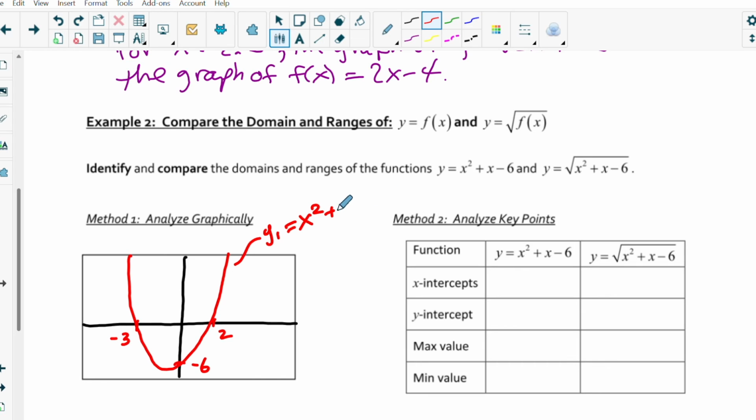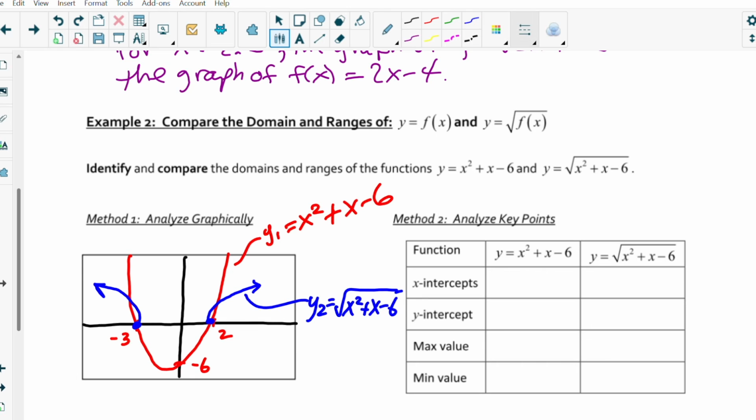So no surprise here, this is our classic quadratic function. All right, and then when I graph the square root of it, well, what happens? This is what happens. And so this is y2 equals square root of x squared plus x minus 6.